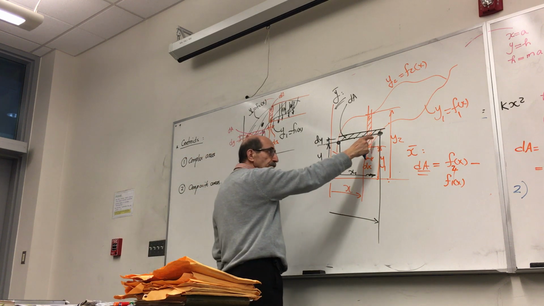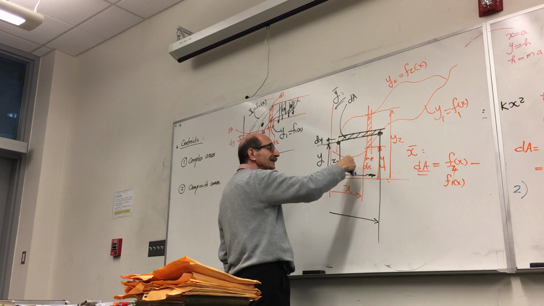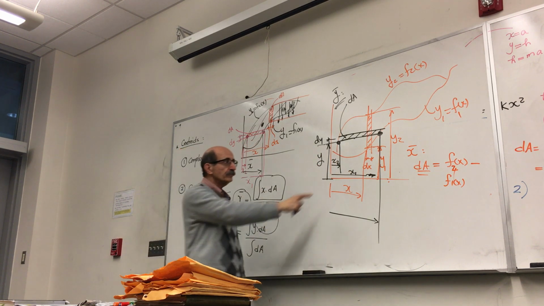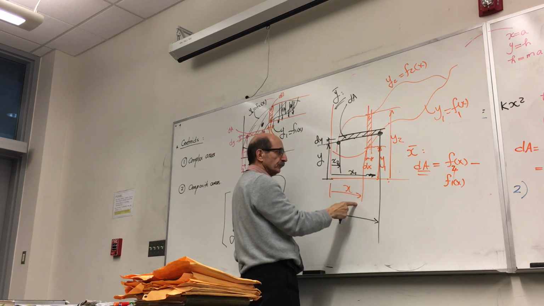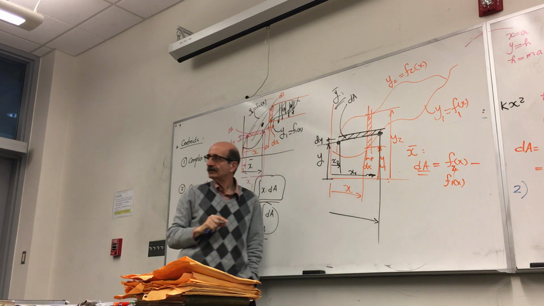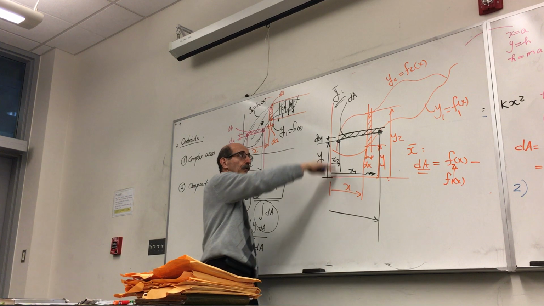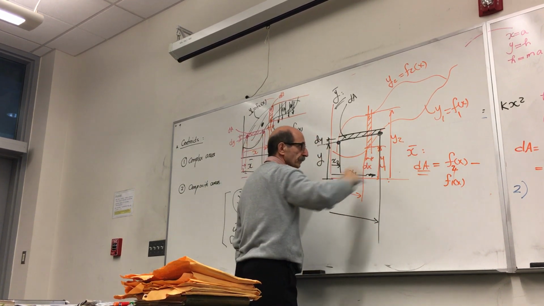So in this case, you need to find x as a function of y. Before, x was given; in this case, y is given. y is your variable, whereas before x was the variable.